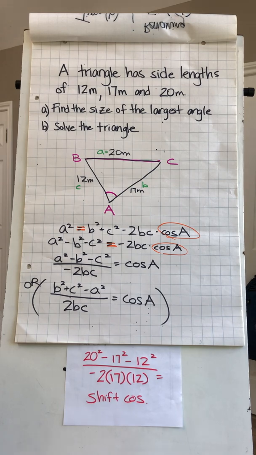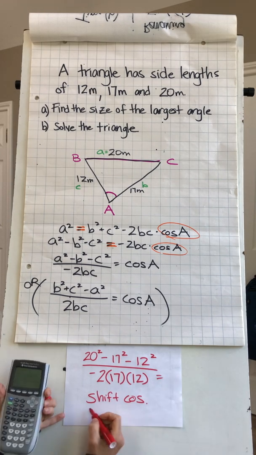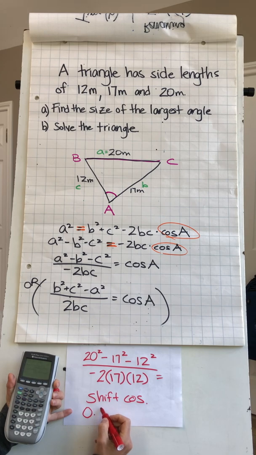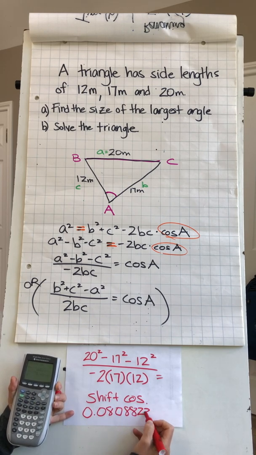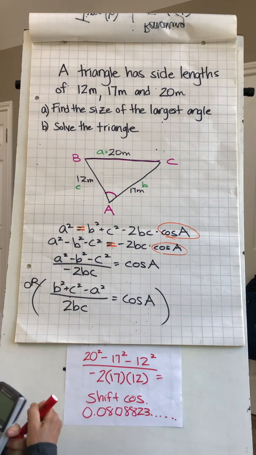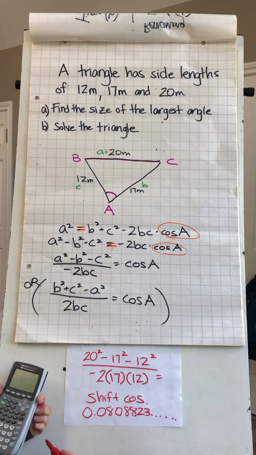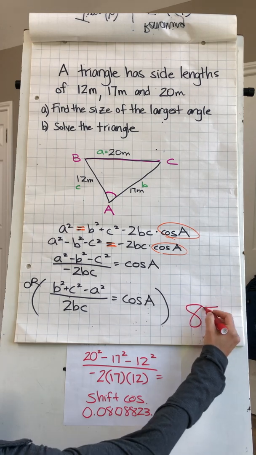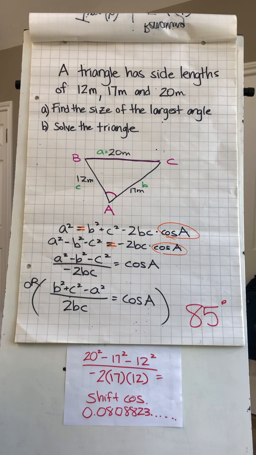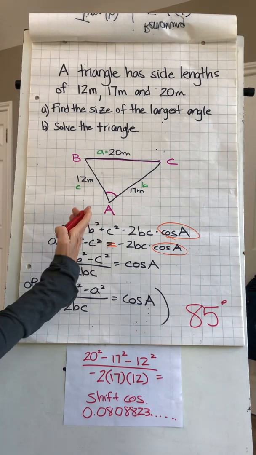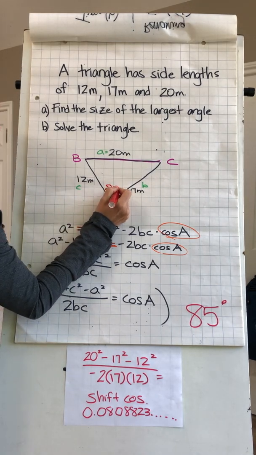This gives you a decimal. And I believe I have this in my calculator, if I can turn it on. Yes. If you actually do this, this decimal comes out to be 0.080883, and so on. And then if you hit shift cos, you get an actual answer of 85.3 degrees. But with degrees, remember, we don't put decimals. So this is 85 degrees.